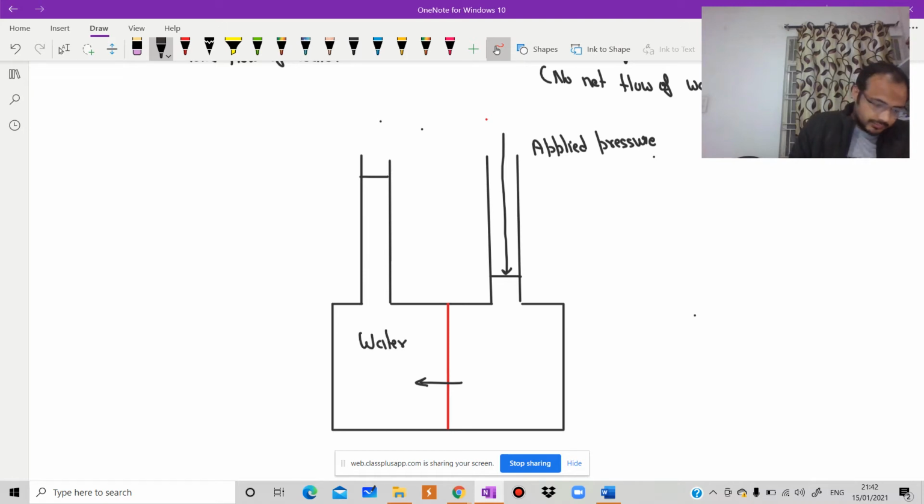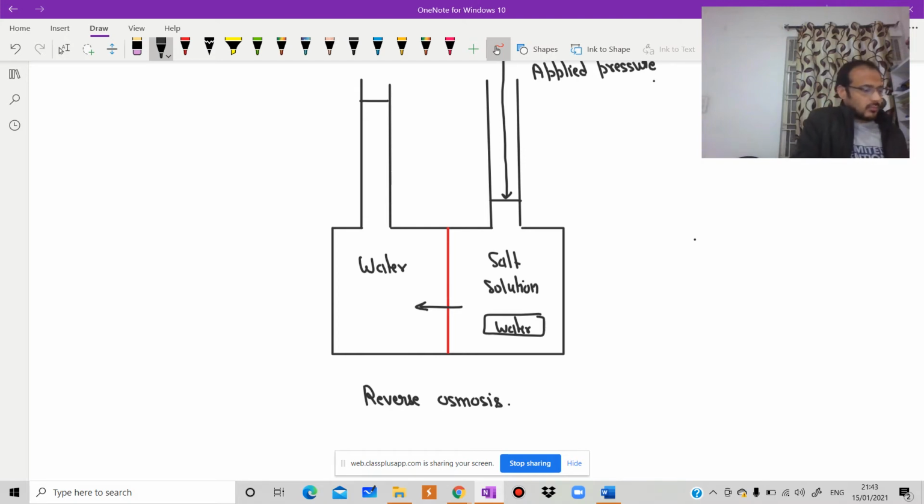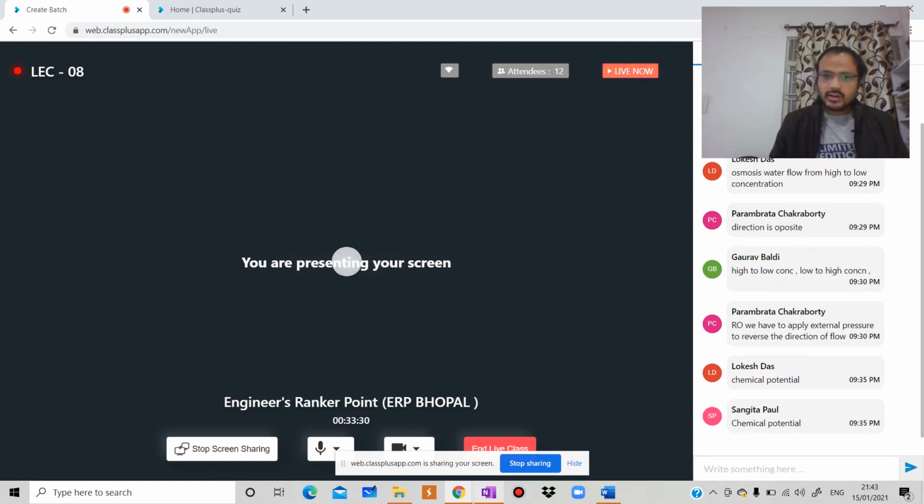Here we have water, salt solution and water. So this one is reverse osmosis. I hope all these three diagrams are clear to each and every student. Very good.